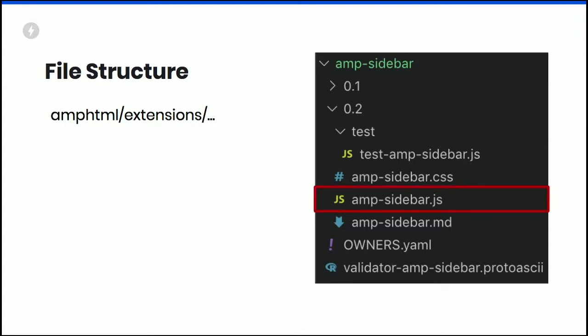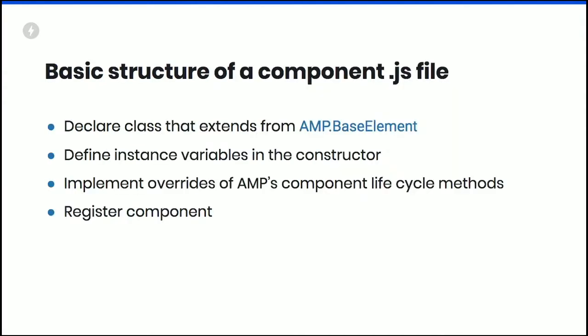So next, we'll first take a look at this main JavaScript file, which is where most of the implementation will live. First, the basic structure of a component.js file is composed as the following. I'll go through these in the next few slides.